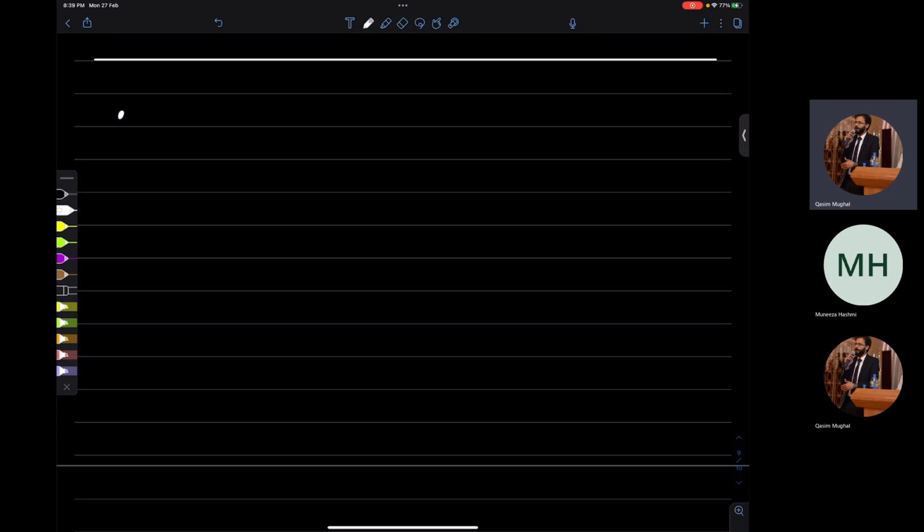Before I jump to the angles inside the semicircle, let me tell you a very important thing: no matter what type of triangle you have, it is always possible to draw a unique circle which passes through all the three vertices of that triangle. So for example, you have this triangle here.